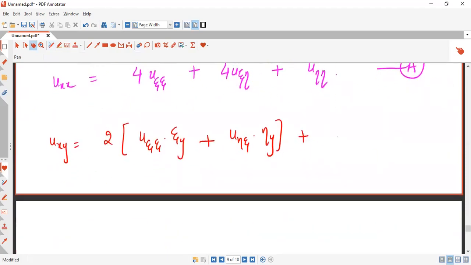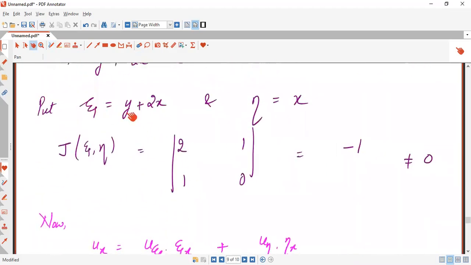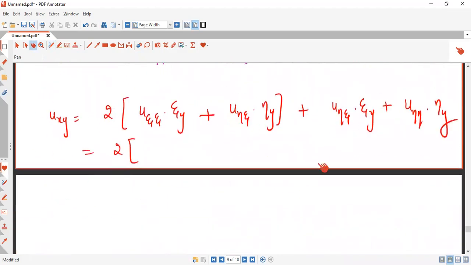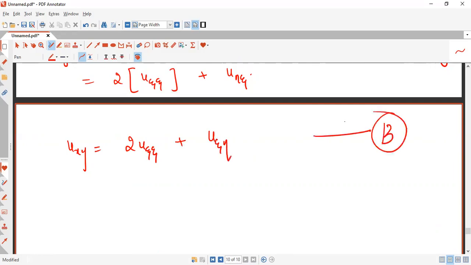U eta I will differentiate with respect to xi first, xi y, plus u eta eta into eta y. Find out the values, xi y and eta y. Xi y is 1, eta y is 0. U xi eta y has become 0. So u eta xi, xi y is 1, eta y is 0. So basically uxy has become 2 times u xi xi plus u xi eta. This is uxy, right?